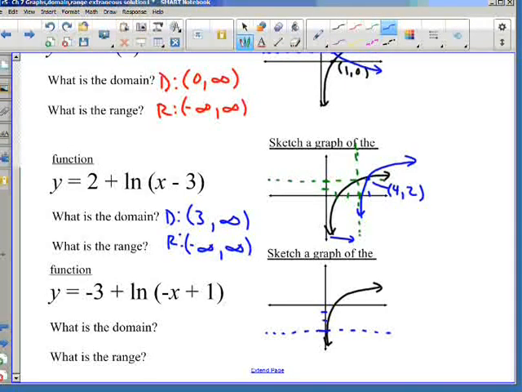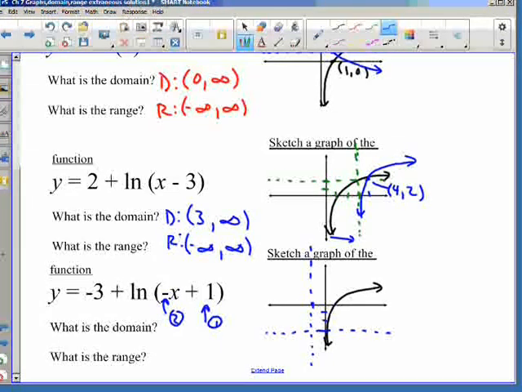Then I'm going to do the inside, which again is my key there is opposite. So instead of doing the multiply and then the add, I'm going to do the add and then the multiply. I'm going to go reverse order of PEMDAS. It makes me go, instead of 1 to the right, I go 1 to the left. And then a horizontal reflection.